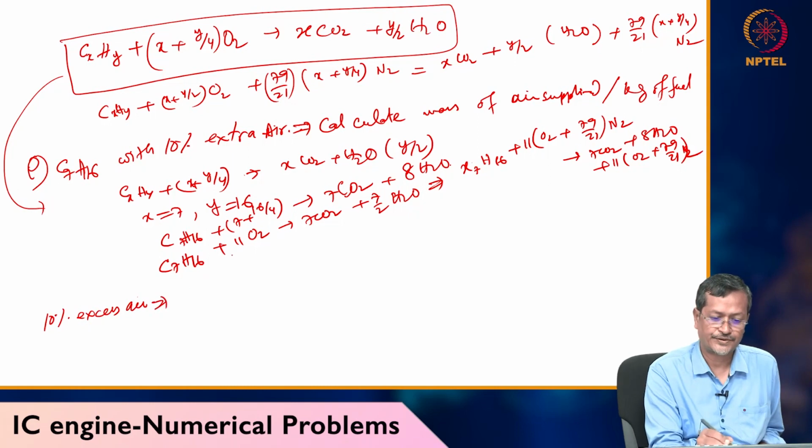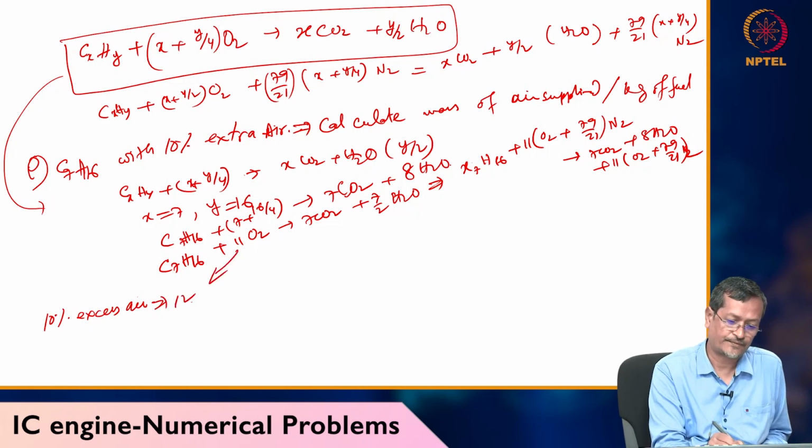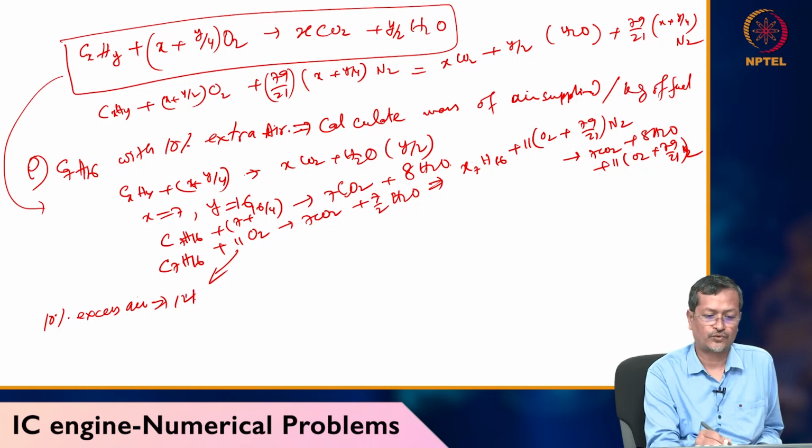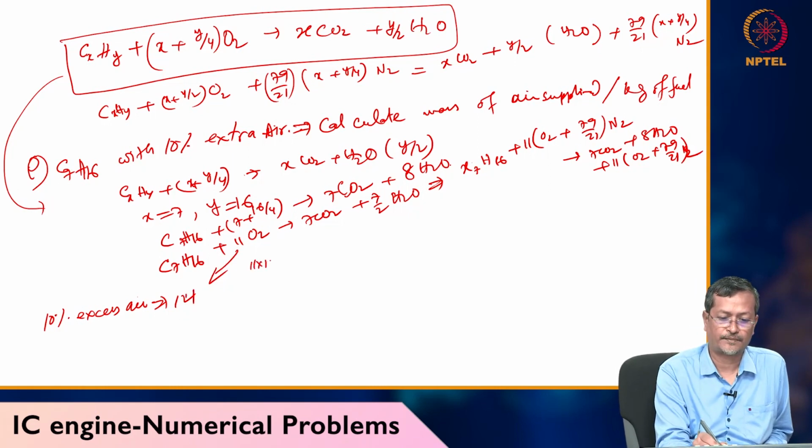Okay, so in that case your constant becomes 12.1, because 11 into 1.1 becomes 12.1.